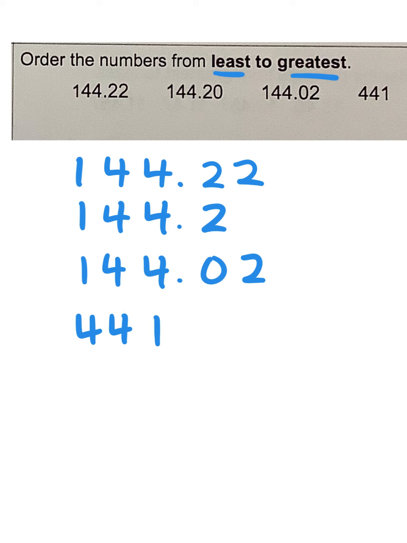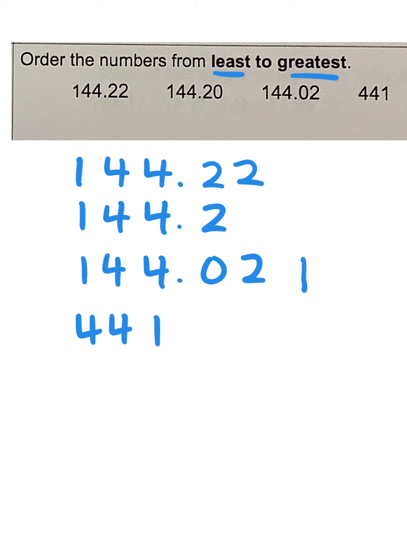I can see that most of the hundreds are ones, but one of them is 4, so that one's going to be last. The one that we need for the first one is going to be the smallest. So we're going to put 144 and 2 hundredths as the first one.